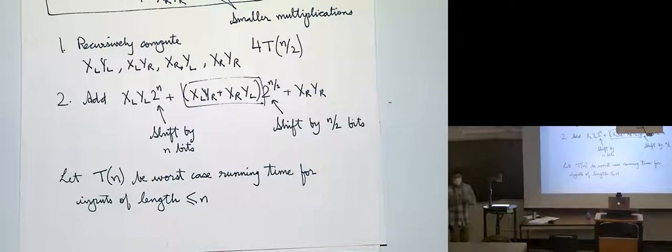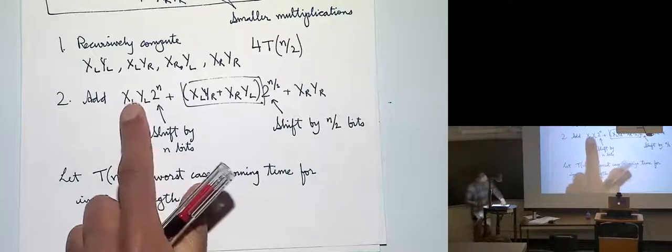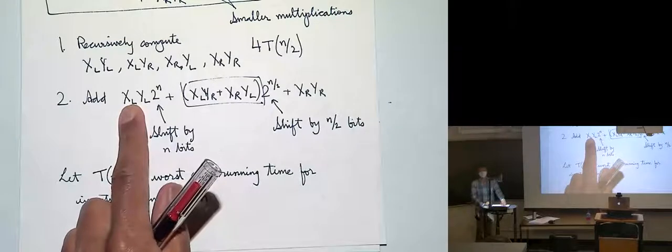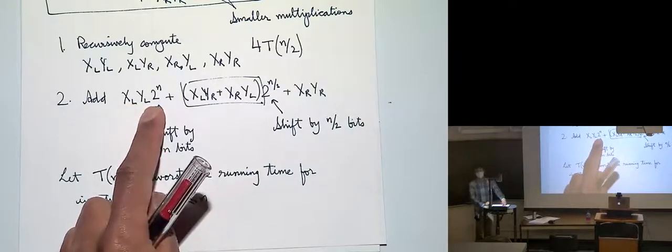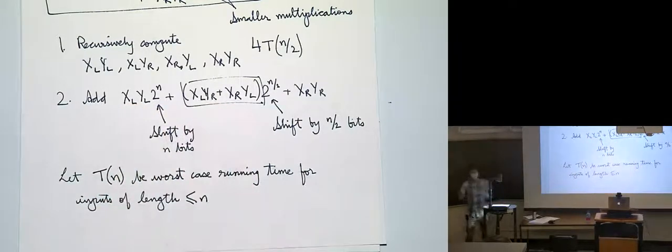Because when you multiply two numbers, the number of digits that you get is at most the sum of the number of digits, right? You multiply something with 3 digits times 3 digits, you'll get at most 6. You won't get anything more than that. So this has at most n bits. You're going to shift that by n bits. These things have at most n bits. You have to add them, then you have to shift and add. So how long is the whole thing going to take?